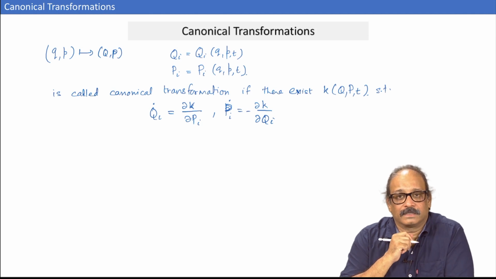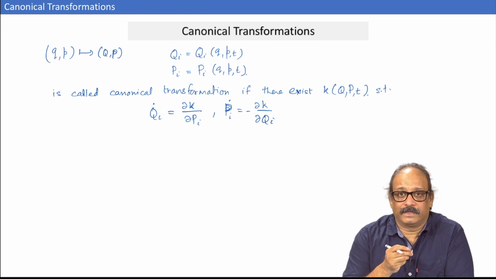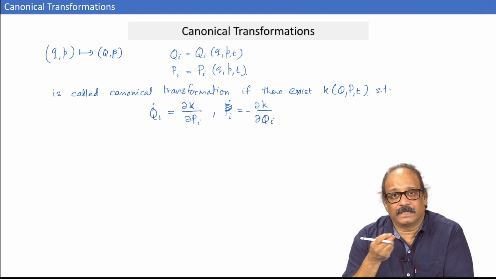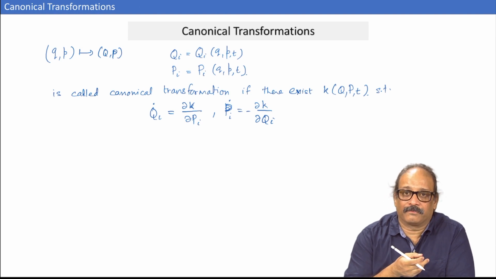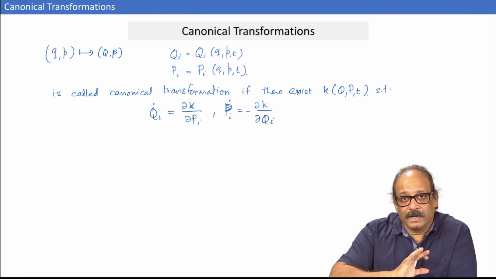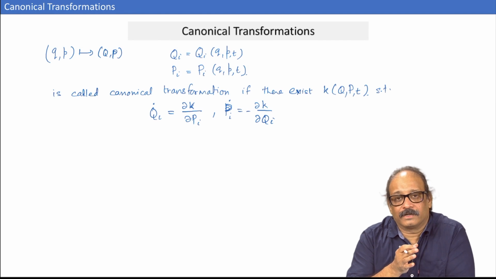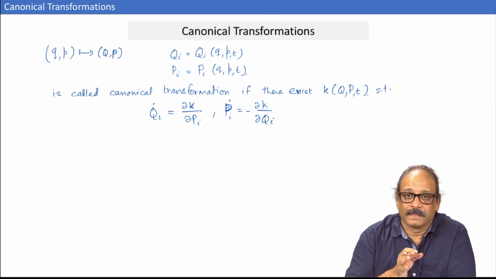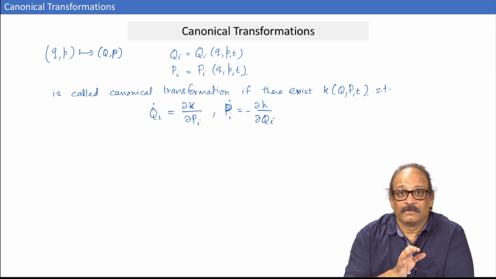What happens to the structure of Newton's equations there? It remains invariant. That is, m x prime double dot is equal to f x prime, the component of force in the x prime direction, and similarly for y prime. So, among all the possible coordinate transformations that you can have in the plane, there are some special transformations which preserve the form.